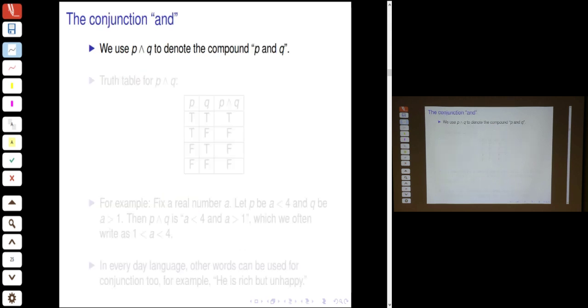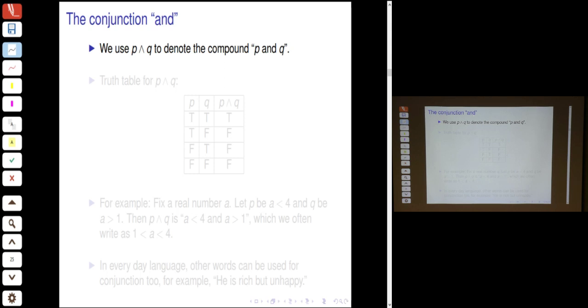Now the second one is again very, very intuitive, very natural. You don't have too many concerns. So let's look at the property of the connective called and.